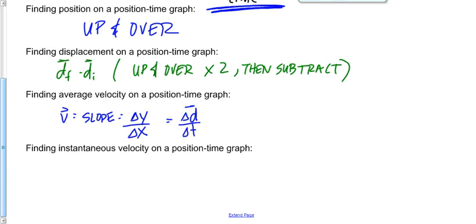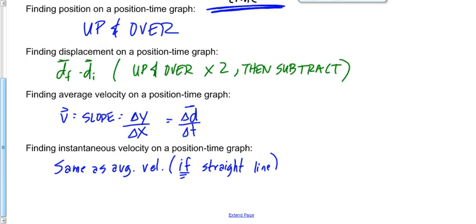And the instantaneous velocity, that means the velocity at one specific moment in time. If you have a straight line graph like we do here, it's going to be the same as the average. Now, if it's not a straight line, or direction changes, or something happens, then it's not the same thing. We'll deal with that later on.